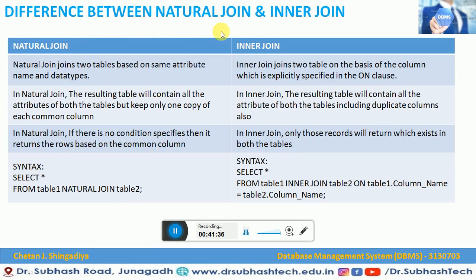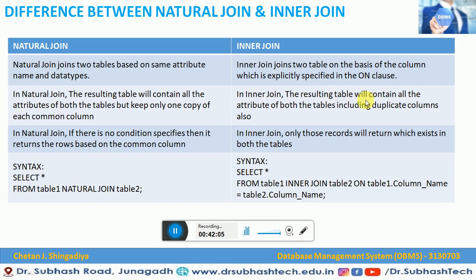Now let us differentiate the natural join and inner join for understanding relational algebra. Natural join joins the two tables based on the same attribute name and data types. Inner join joins the two tables on the basis of a column which is explicitly specified in the ON clause. In natural join, the resulting table contains all the attributes of both tables but keeps only one copy of each common column.